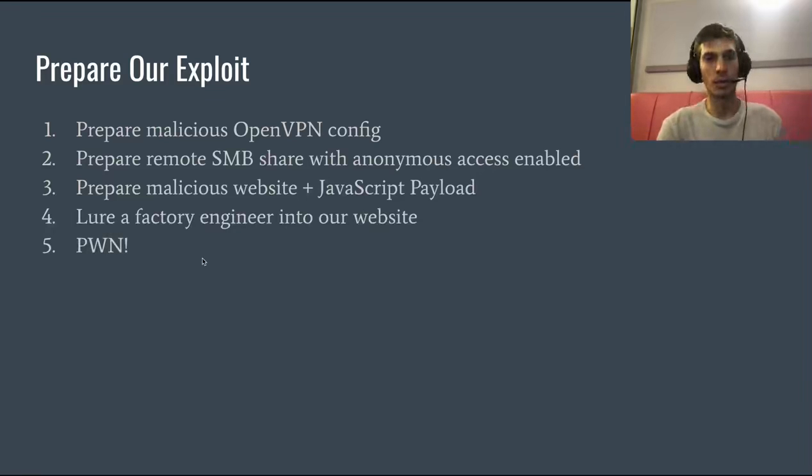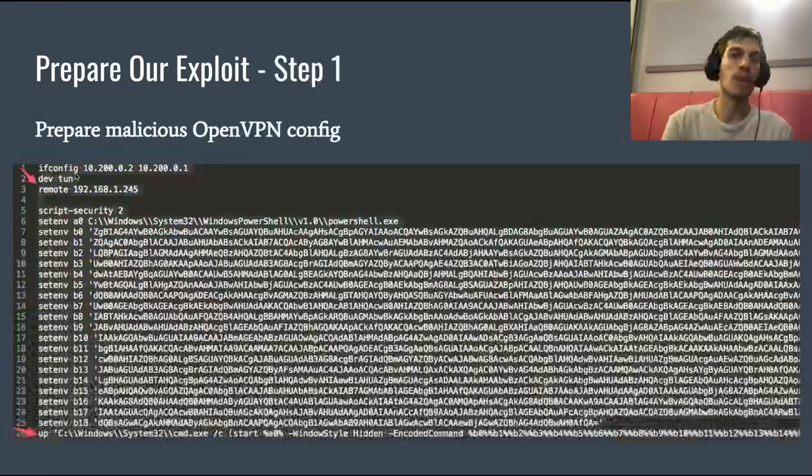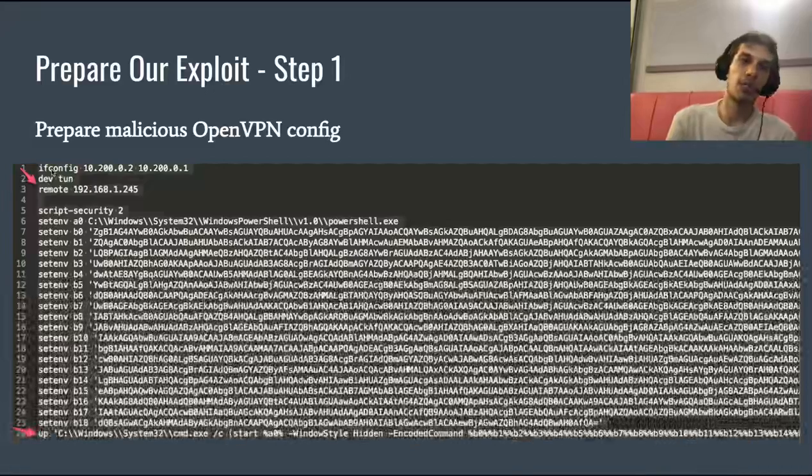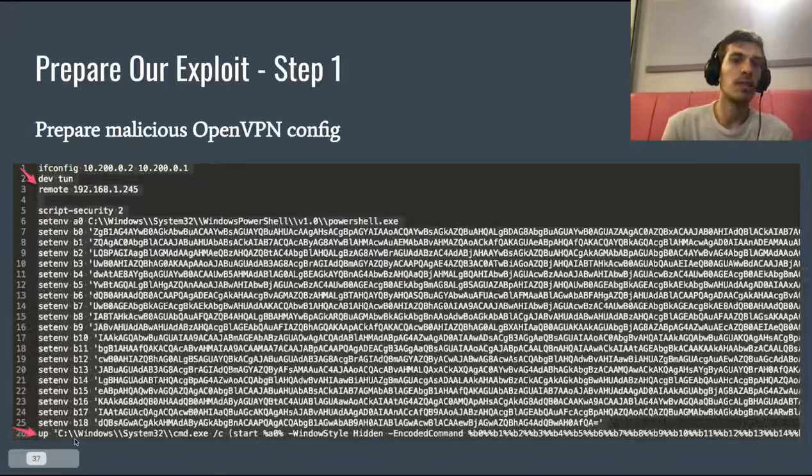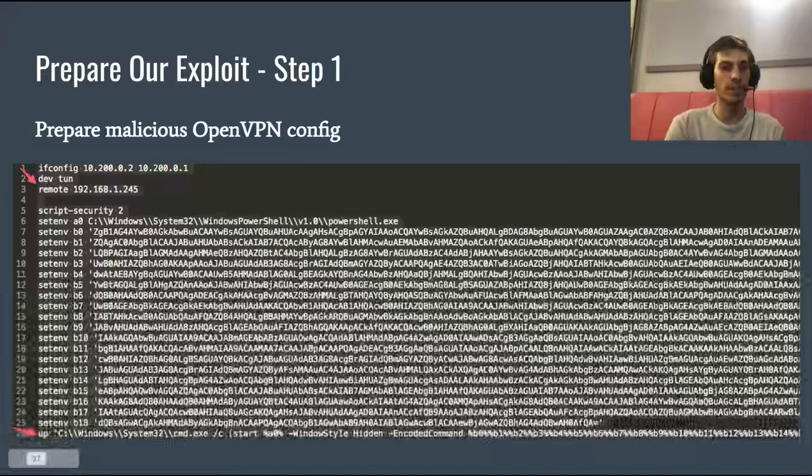Let's start with number one, preparing a malicious OpenVPN config. This is how we prepared our config. Basically, what we have here is a very simple config with this command, and what it does is start a reverse shell. You can see the up directive here at the bottom, on line 26, with our command.